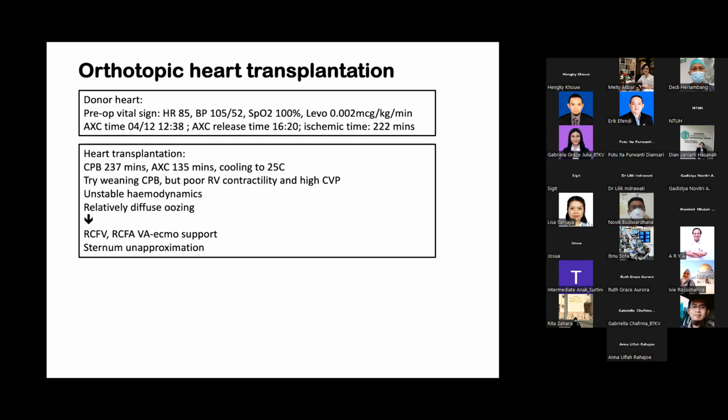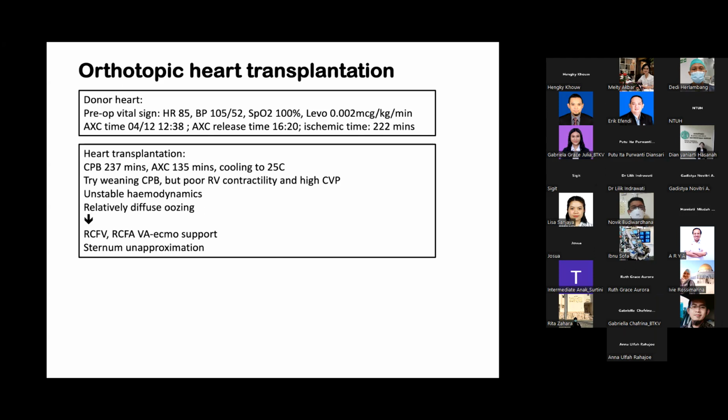As I say, from this case, we must think any kind of reason will lead to primary graft failure. We will think of the donor side, the recipient side, or the harvest problem.